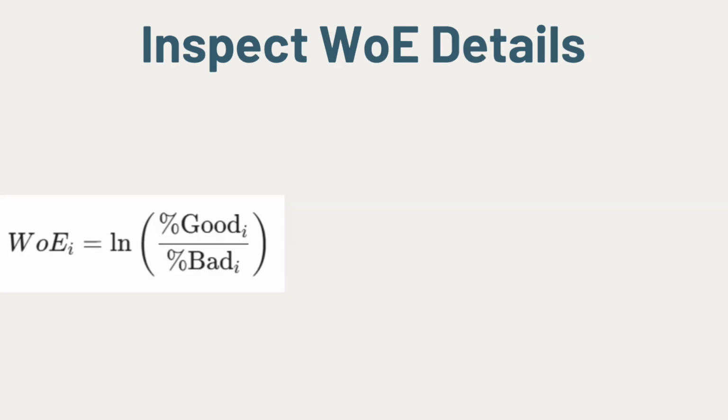One important thing to note is the formula used to compute the WoE value here. If you remember the formula at the start of the video, it is calculated as the natural logarithm of the percentage of non-events, or good events, divided by the percentage of events, or bad events.